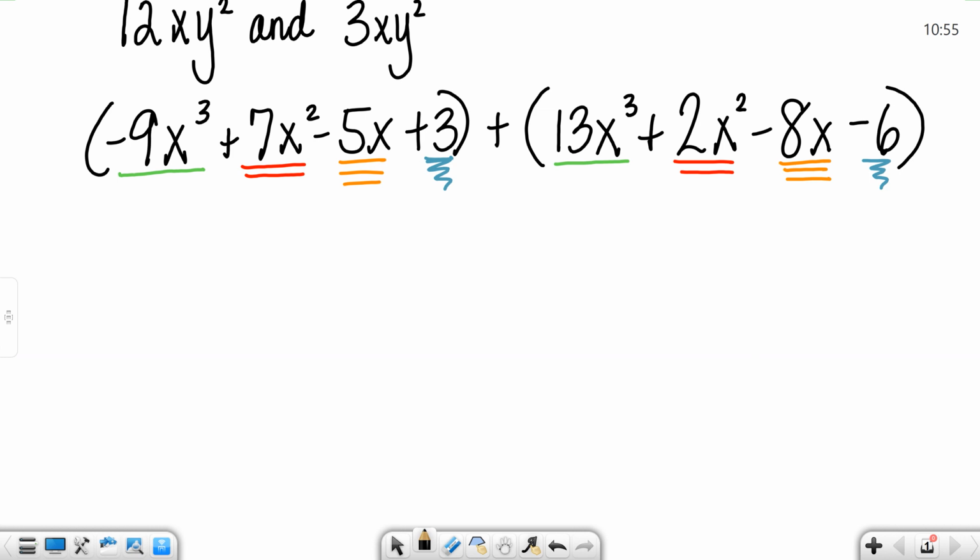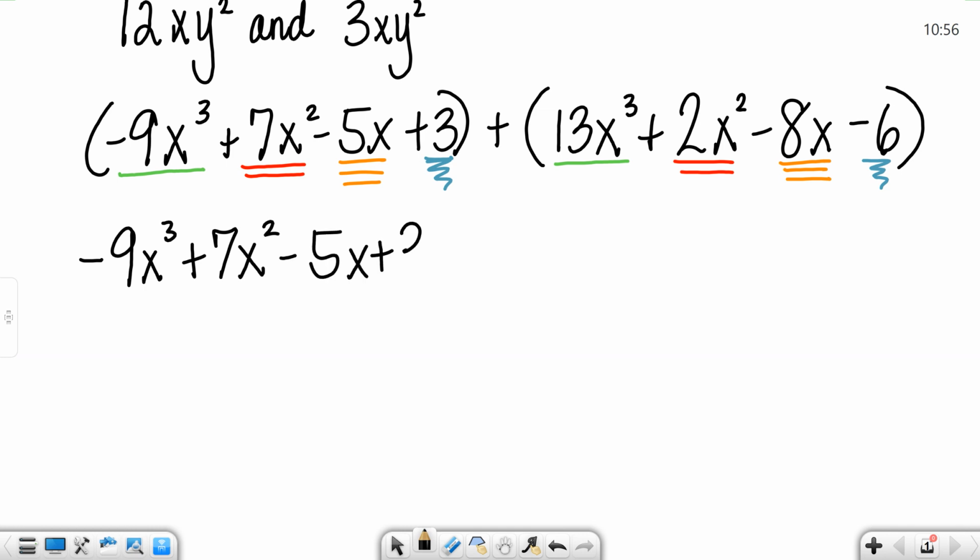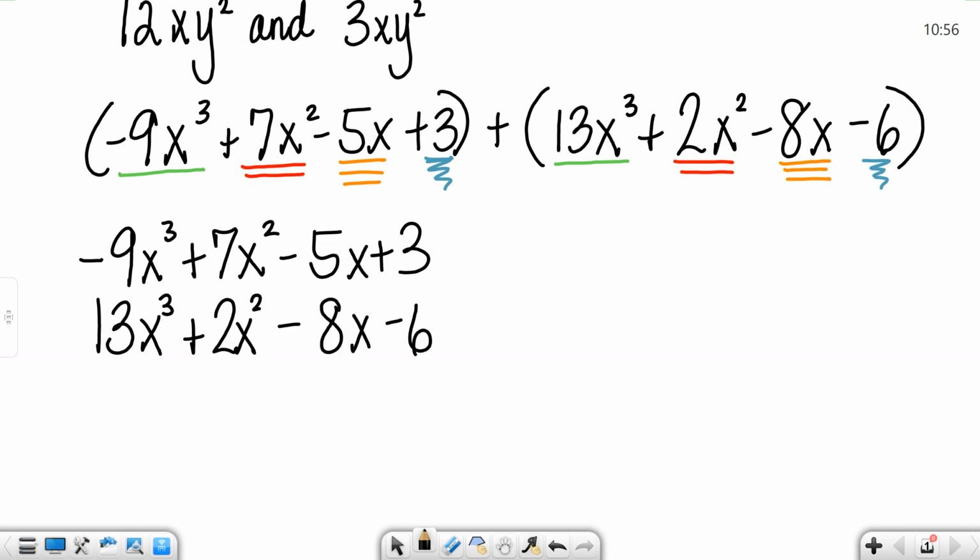All right? So I'm going to show you two different ways. MyMathLab is the first way that I'll show you, because what it does is it's going to take this first polynomial and it's going to put the other polynomial up under it, making sure to line up our like terms. Notice that my like terms are lined up on top of each other.